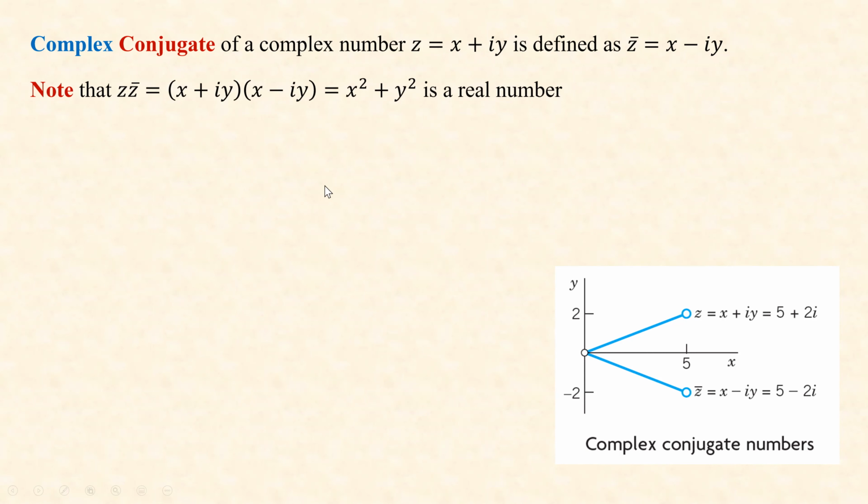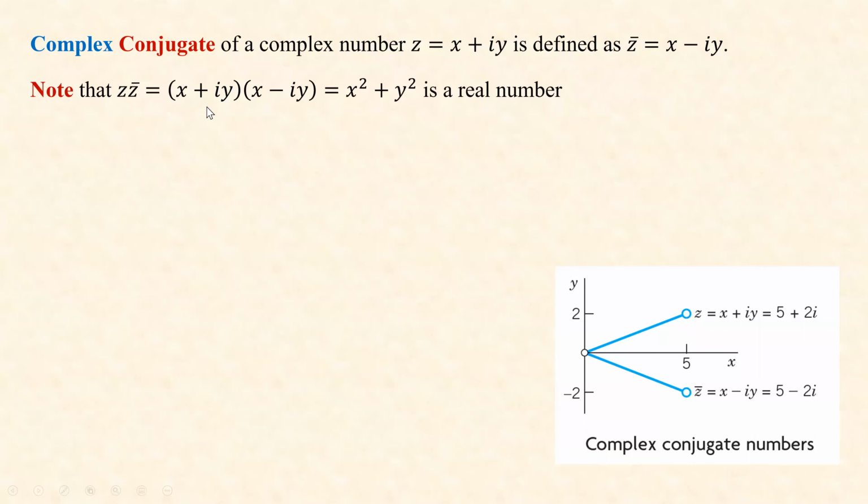So note that if you multiply a number by its complex conjugate, it becomes x squared minus ixy, and then you get plus ixy. They cancel each other, and then you get i times negative i becomes 1 times y squared.